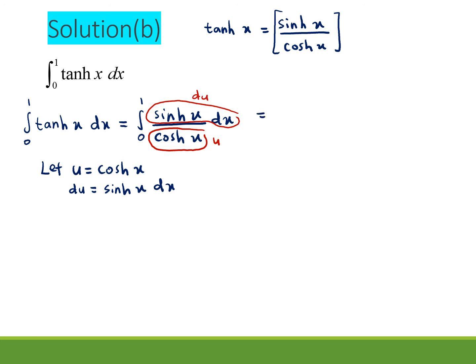So we have the integration will be du over u. So the integration of du over u is actually ln u, where we substitute u with cos hyperbolic of x.